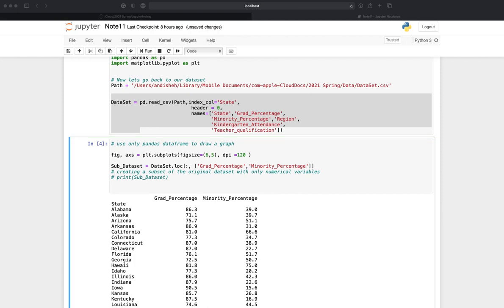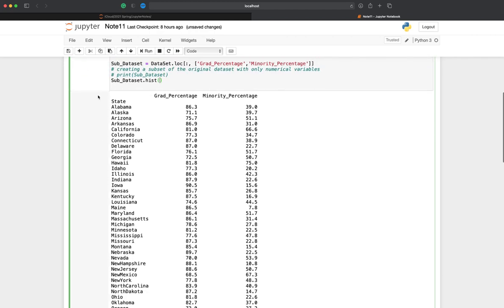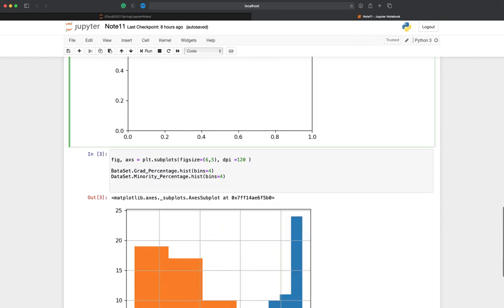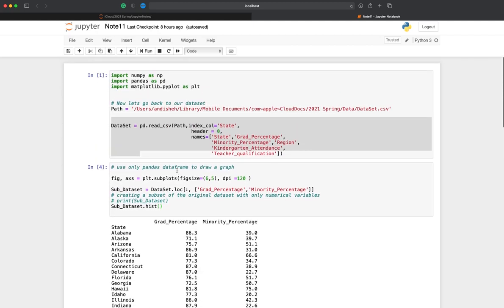Okay, so what I'm going to do now, so this is a data frame. I'm going to use this data frame dot histogram. So what is the difference between this one I'm doing here and this one? This one I said from my data set get the column, for each column draw a histogram, right? Here I say draw a histogram for the whole data set because I have just 2 numerical variables here, right?